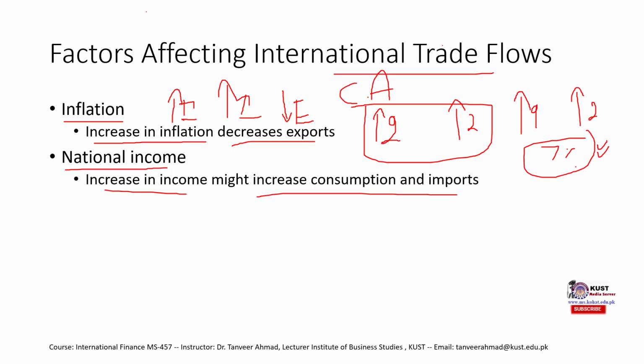And the reason is that we are assuming that when the income level of a country increases, its consumers would buy more foreign goods and hence the imports would increase, right? So this is what this statement is saying, that an increase in income might increase consumption of imported goods. So hence we would have a current account deficit.